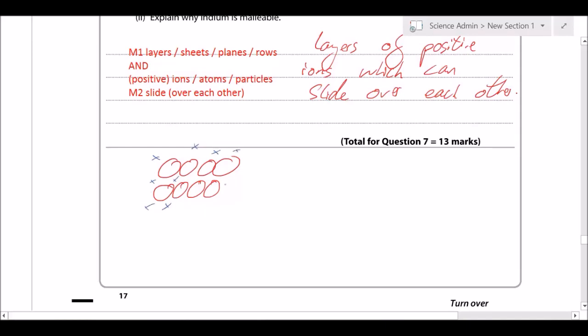These are supposed to be crosses. Now it's malleable because if you were to push this section here, these atoms would go this way, all these atoms would stay stationary, and so you'd get a nice shift essentially, and you'd have the atoms arranged like this. Yeah, so it's quite easy to hammer into shape because you can push this whole row over the top of this one.